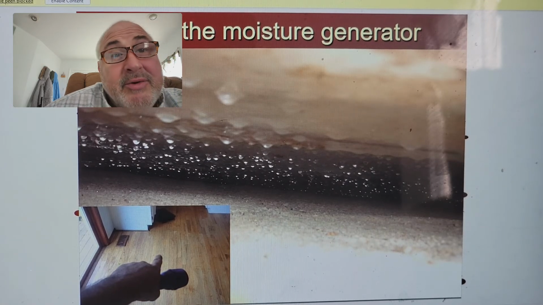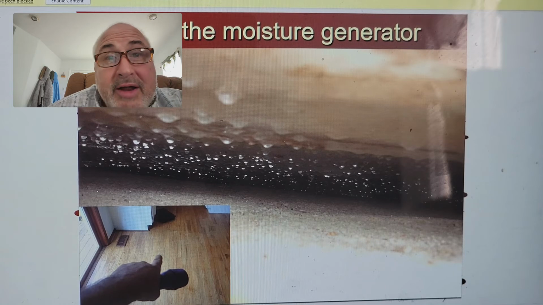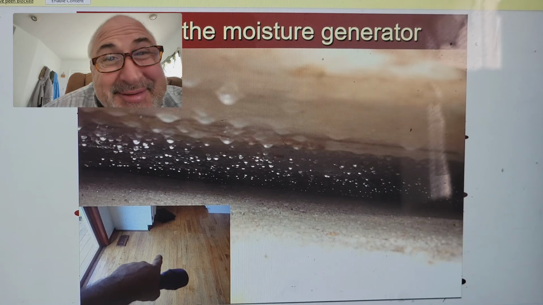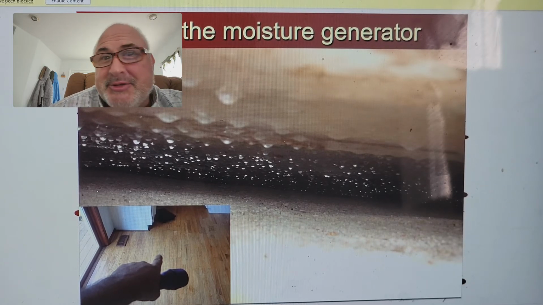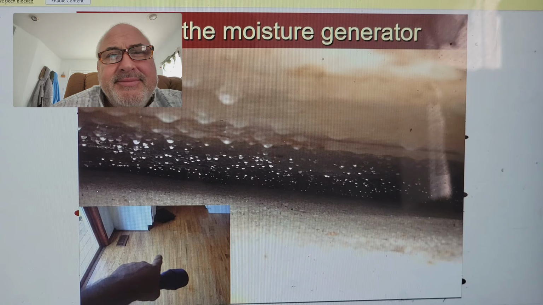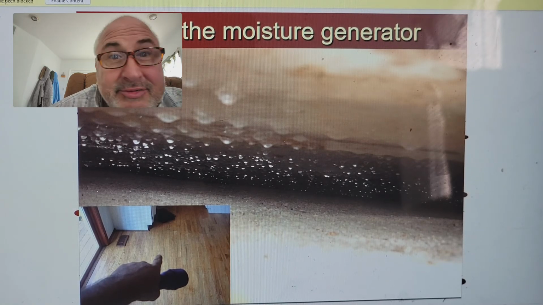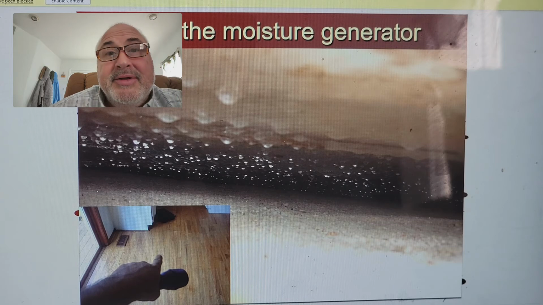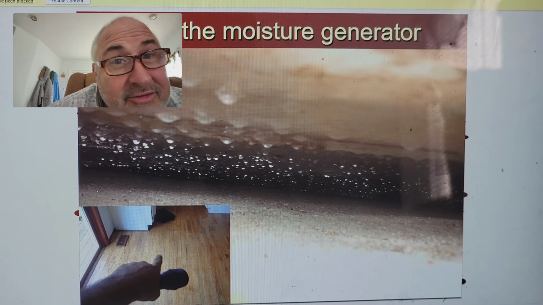And I've had cases where these conditions were great for bugs. Centipedes, pill bugs. I had one case of, I forget what you call them. Can't remember. I'm 60. Anyways, mice will also be in there. You'll be heating an unconditioned space.